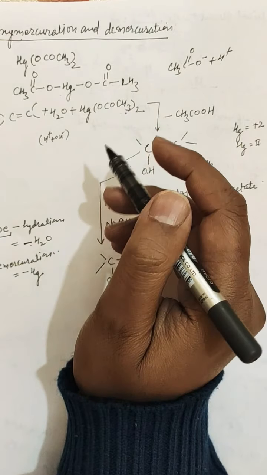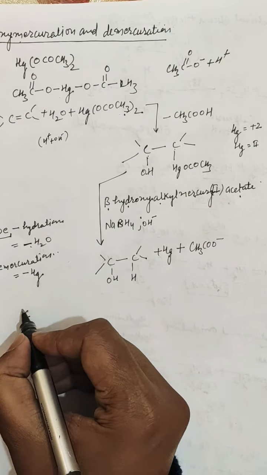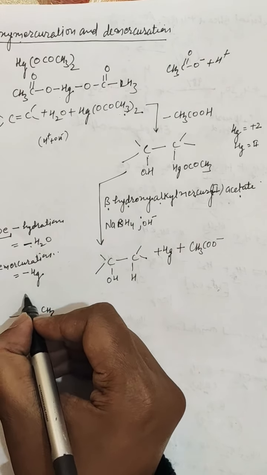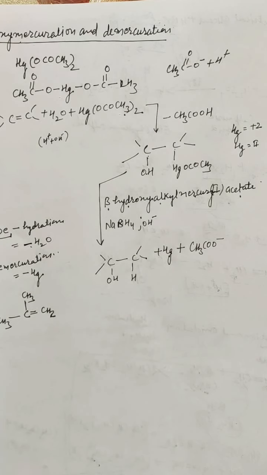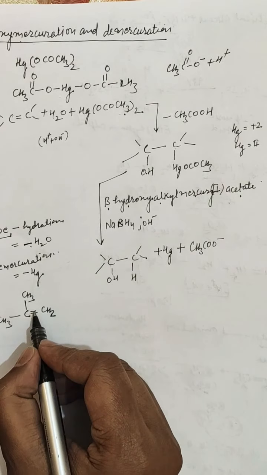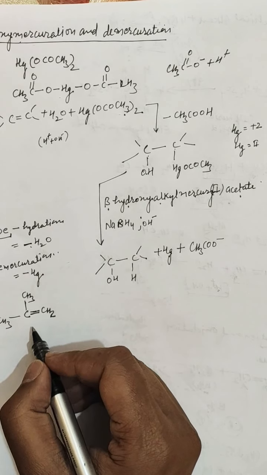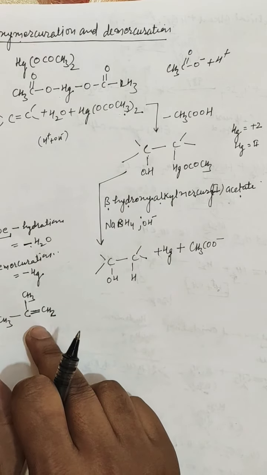So let me write a simple example of isobutylene. Here this is alkene, and particularly it's an unsymmetrical alkene because it can't be divided into 2 equal parts. I have written unsymmetrical alkene because I want to tell you that this is the application of Markovnikov rule also.